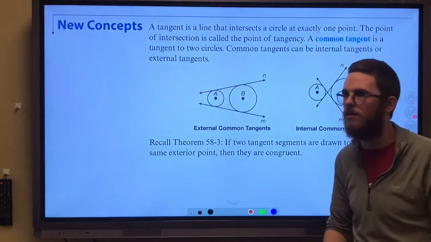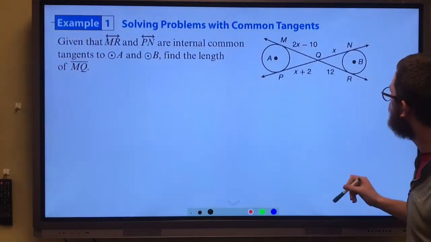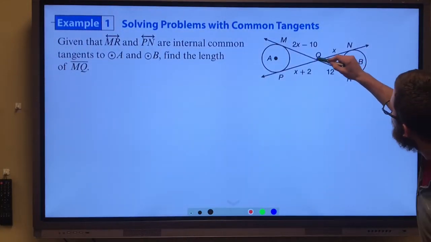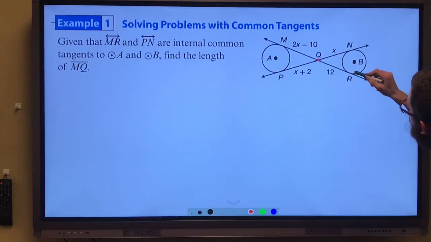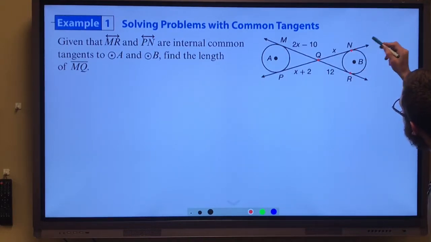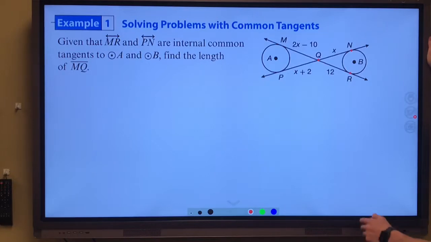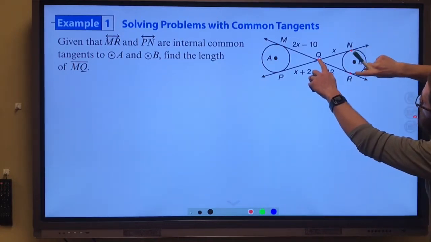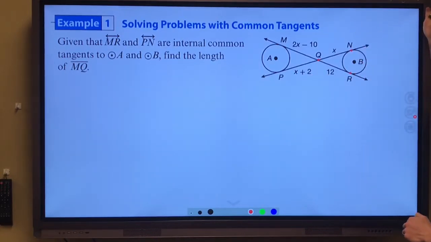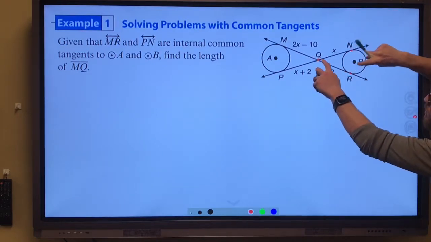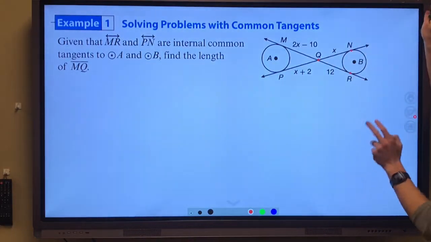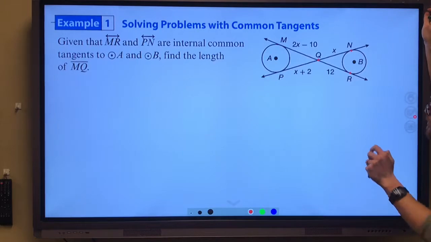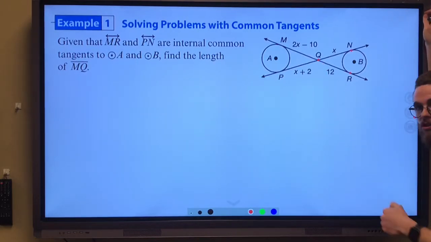Let's put all this together. Take a look at this example here. Right here, an exterior point, two tangent segments, QN and QR, are tangents to the same circle that share an exterior point.